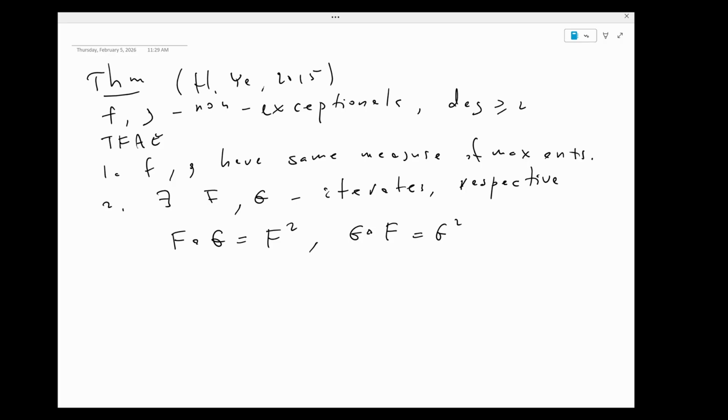So this is kind of the equation that I just mentioned. If this is an iterate of Xi hat, this is an iterate F^k, this is F^{2k}.